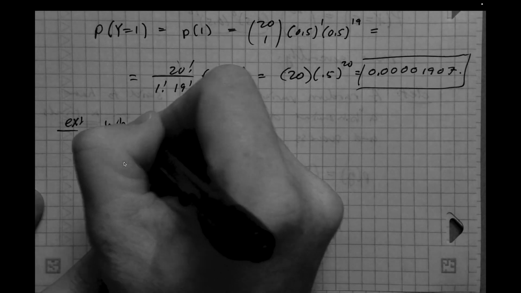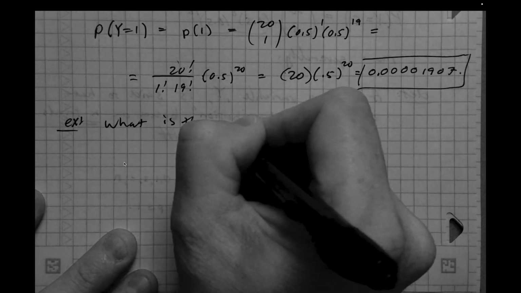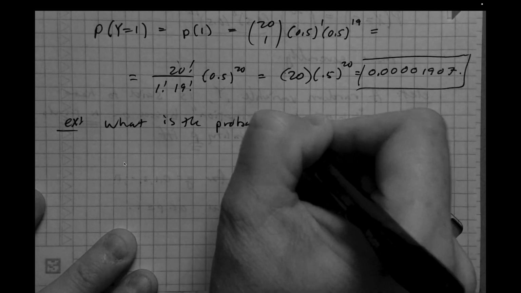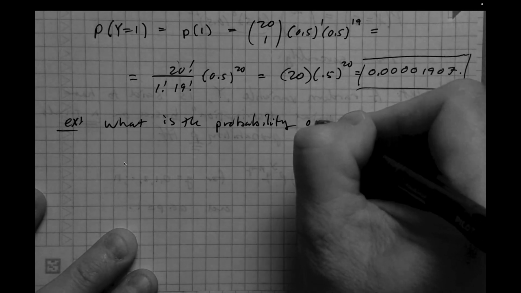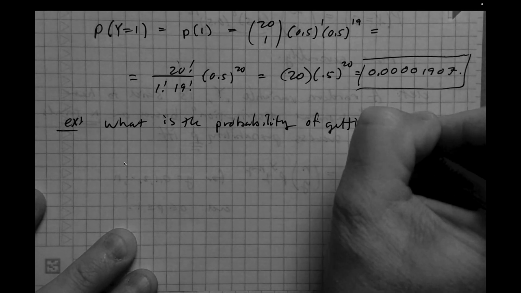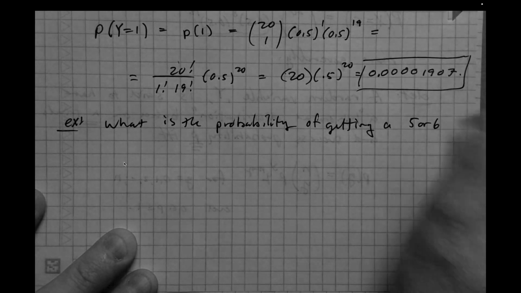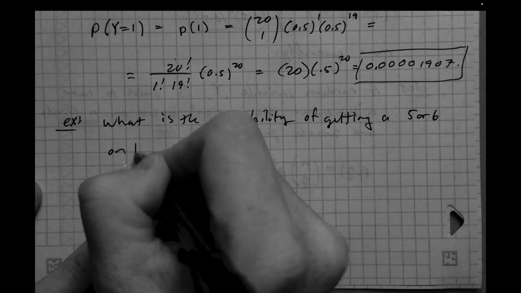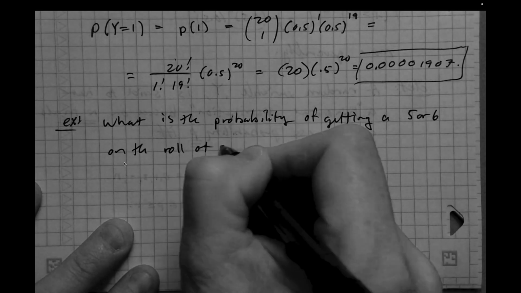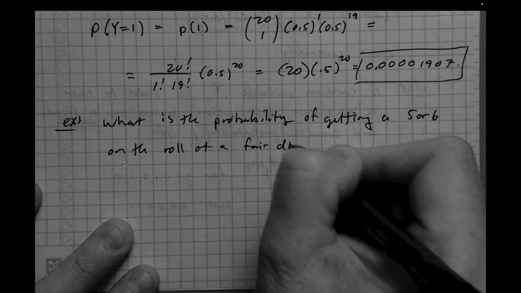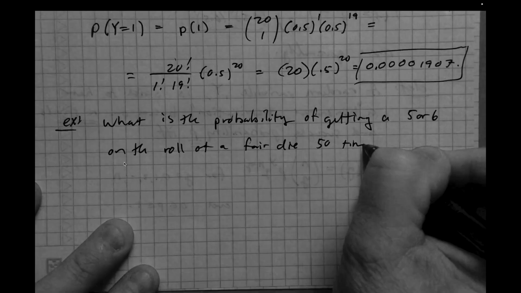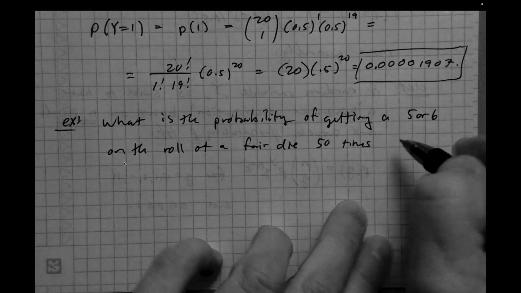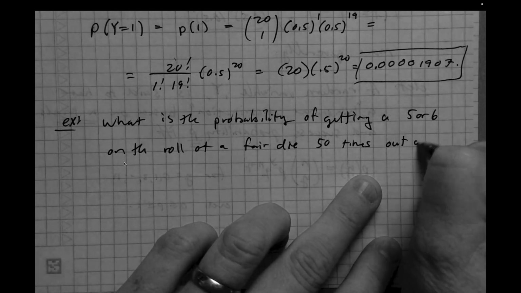So what is the probability of getting a 5 or 6 on the roll of a fair die 50 times out of 100 total rolls?